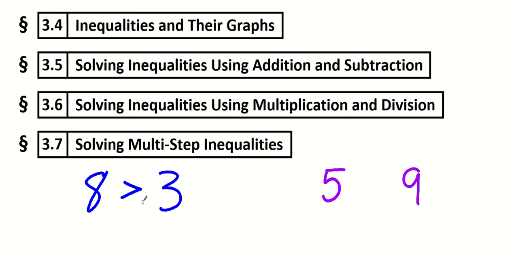Remember, the alligator mouth wants to eat the larger number, so it's facing the 8. Since you read this from left to right, this symbol is always known as the greater than symbol.